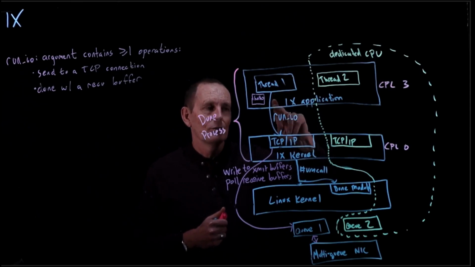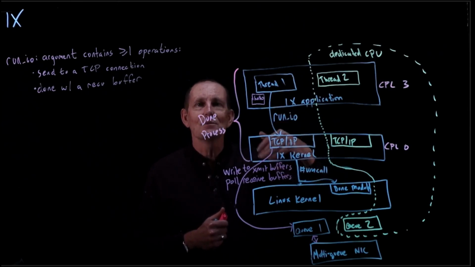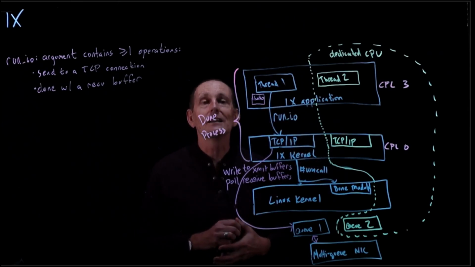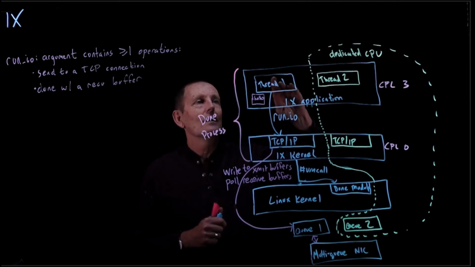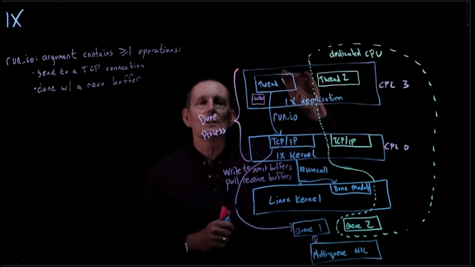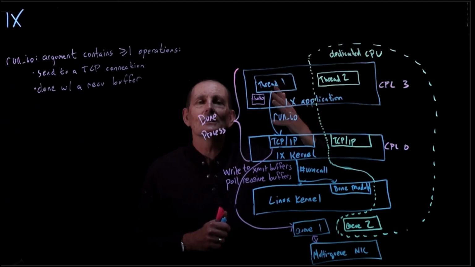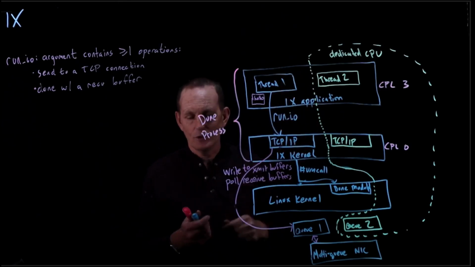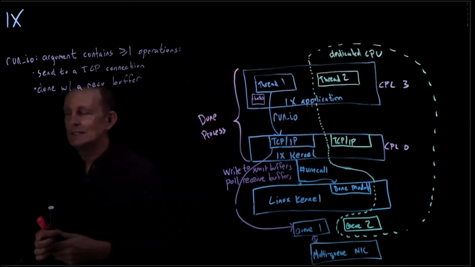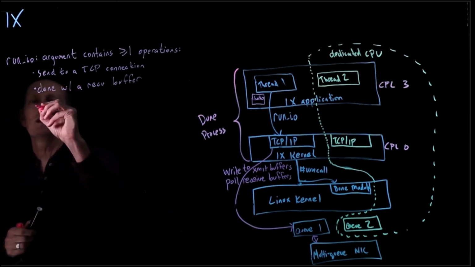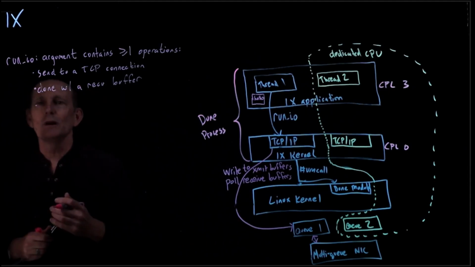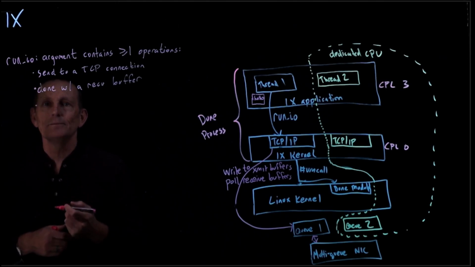So the run IO gets called and it passes back the incoming packets. Well, now the application needs to use it, and only the application knows when it's actually done reading that data. So part of what we need to do here is tell the TCP/IP stack when we're done with the receive buffer that it has given us previously.